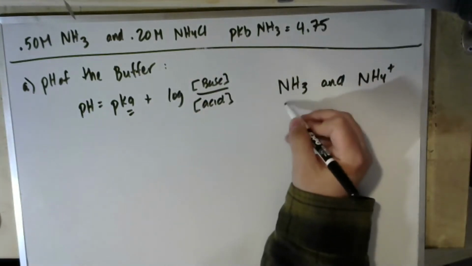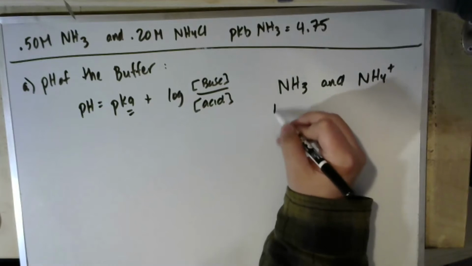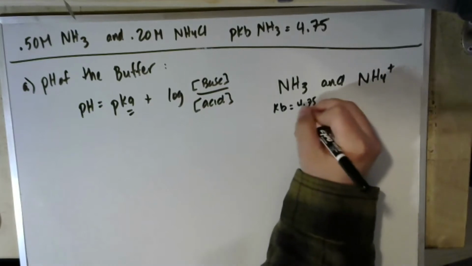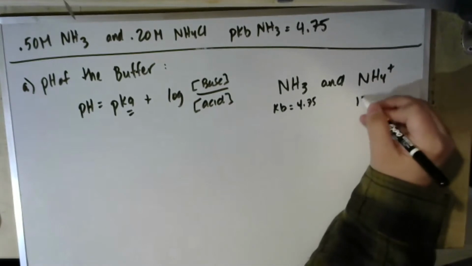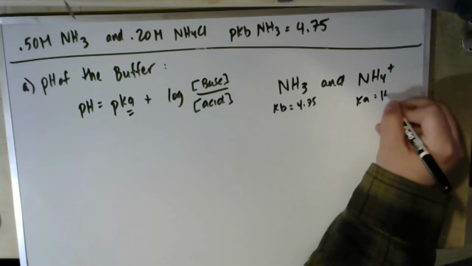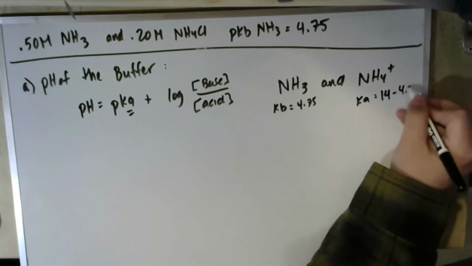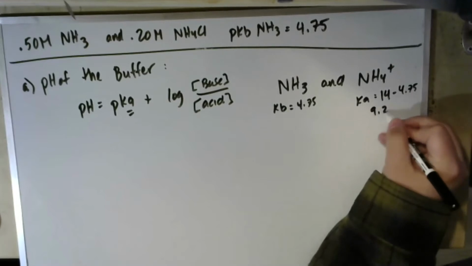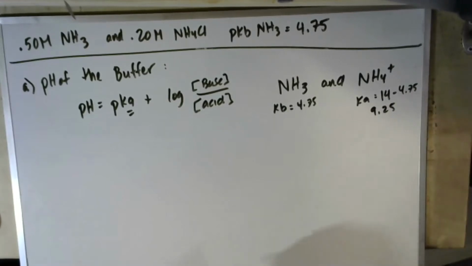So if the pKb for ammonia is 4.75, then the pKa for the ammonium ion is going to be 14 minus 4.75, or 9.25.